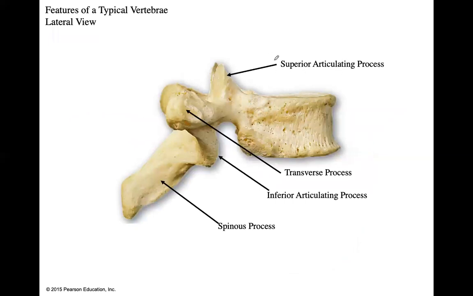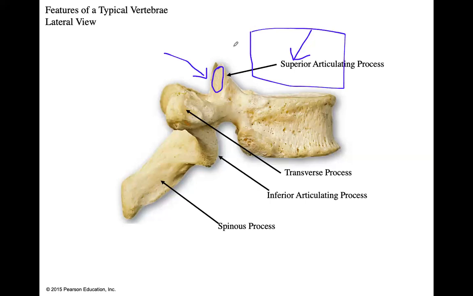From the lateral view, here's that superior articulating process. And this is the superior articulating facet. Well, what do you think the superior articulating facet is going to articulate with? It's going to articulate with the vertebrae above it. And it's going to have its own facet that's going to attach here.